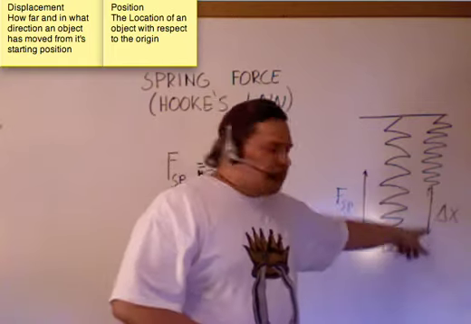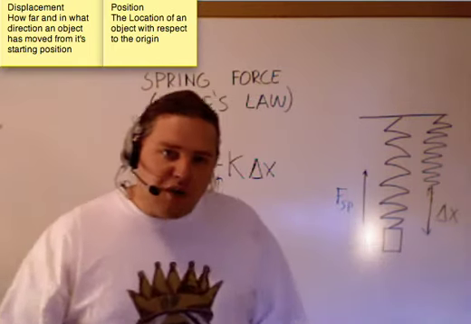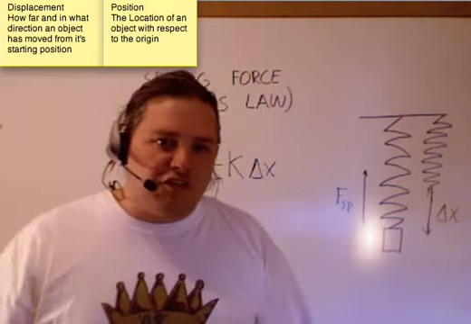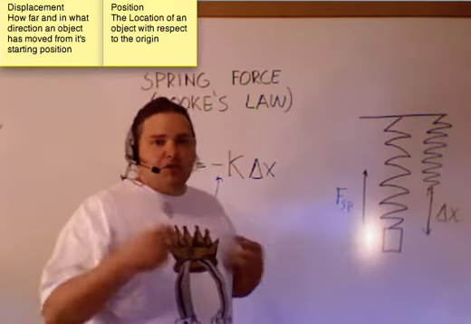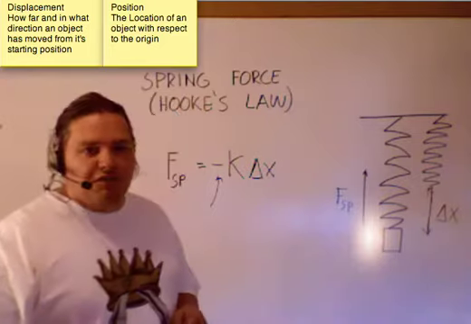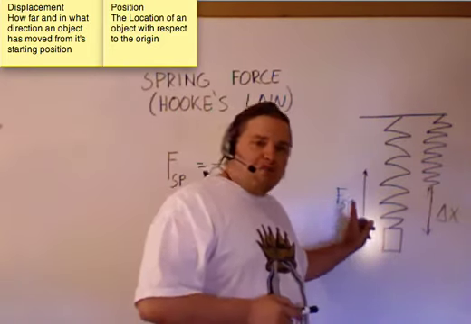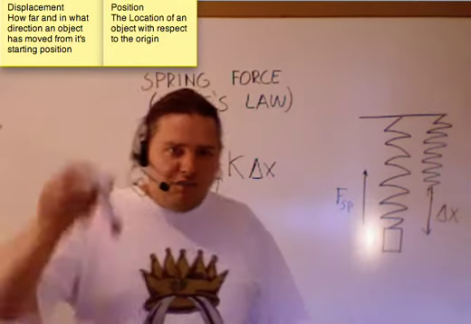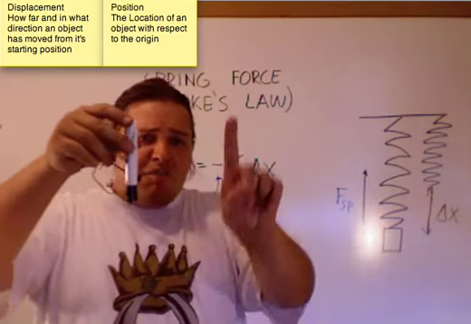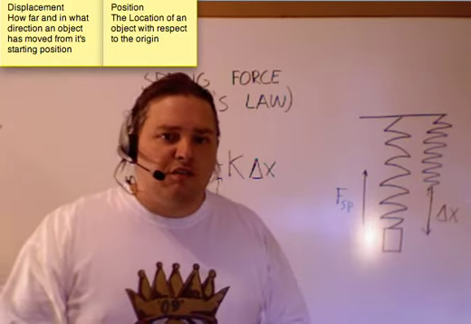So if I stretch it in this direction, then the force is in the opposite direction. Now, if I look back at my kinematics, what kind of motion had an acceleration, which we know is related to force, that was opposite of my position? So if I had a position down, my acceleration was in the opposite direction. What kind of motion had that phenomenon?